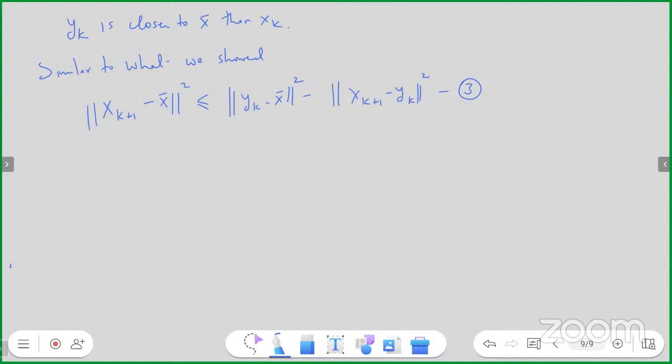And that sequence, the distance of xk to x bar, xk plus 1 to x bar, is bounded below by 0. The convergent sequence is bounded below. So the decreasing sequence that is bounded below by 0 must converge. And it's also a decreasing sequence.